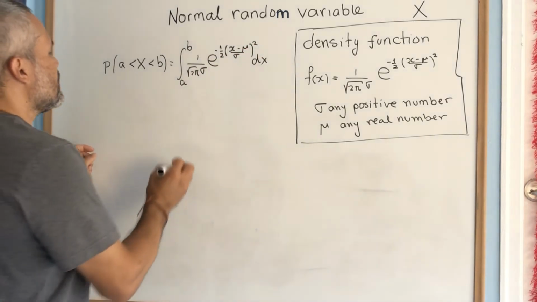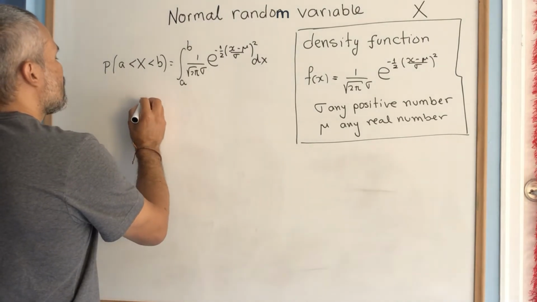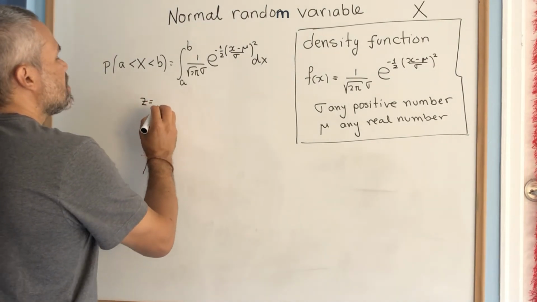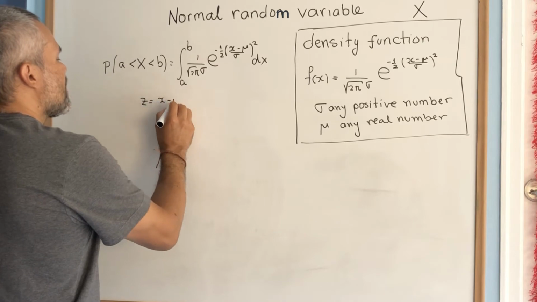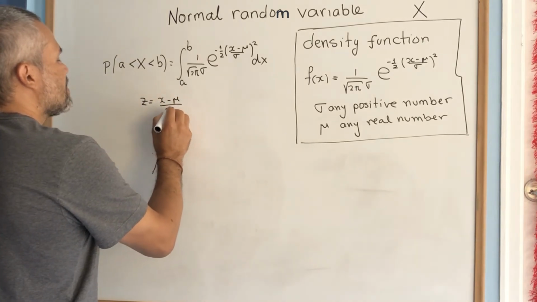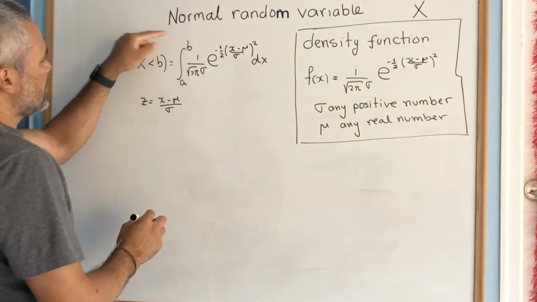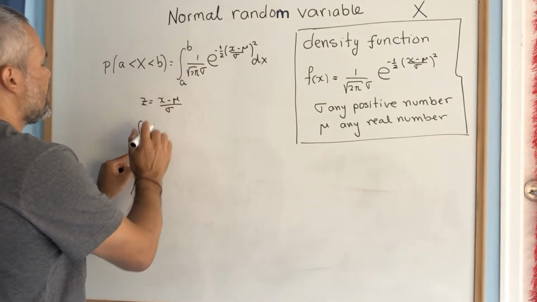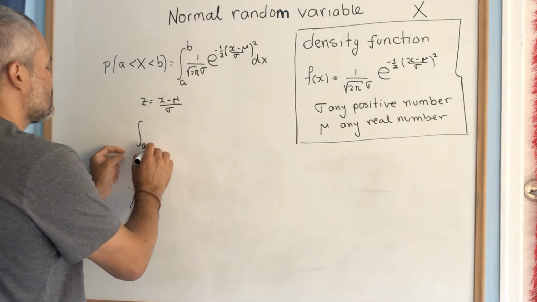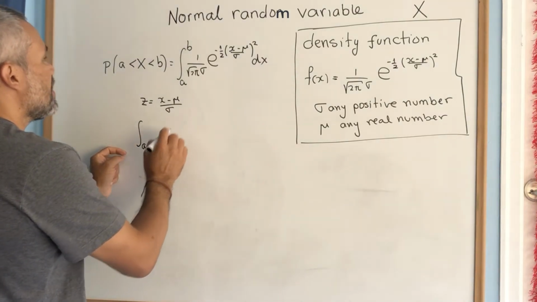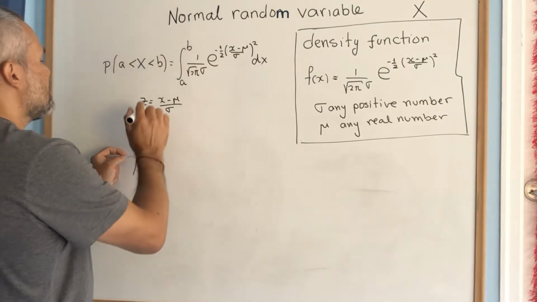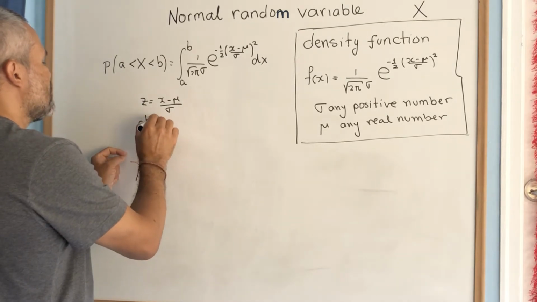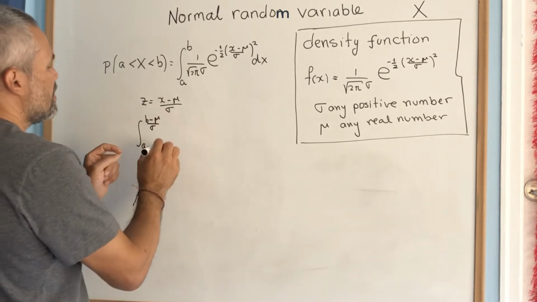But if we do the same change of coordinates that we did before, c equal to x minus mu over sigma, then these limits become, when you replace x by a, a minus mu over sigma, and when you replace x by b, b minus mu over sigma.